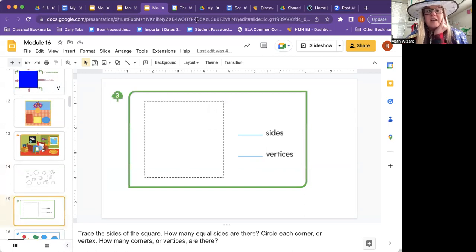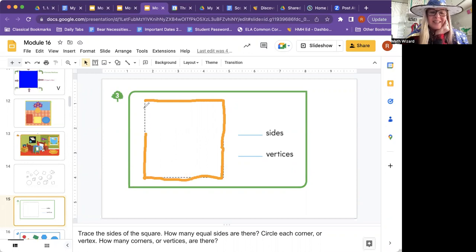All right. You're going to trace the sides of the square. And how many equal sides are there? Okay, here's a side. I bet you're much better at drawing a straight line than I am. Okay, 4. How many sides are there? 4.